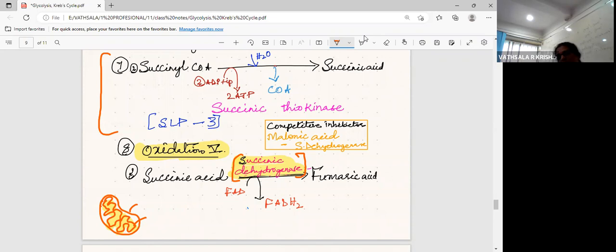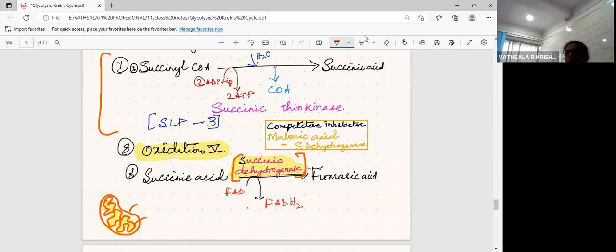First one is fructose 6 phosphate to triose. No, my dear, substrate level phosphorylation means formation of ATP, not utilization of ATP. So it is 1,3 bisphosphoglyceric acid to 3 phosphoglyceric acid.